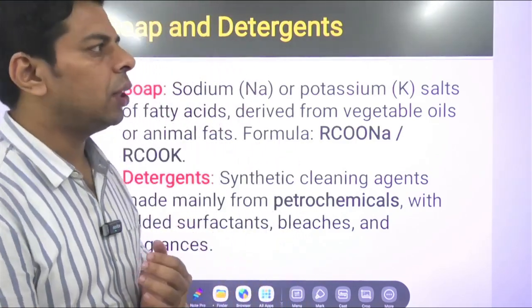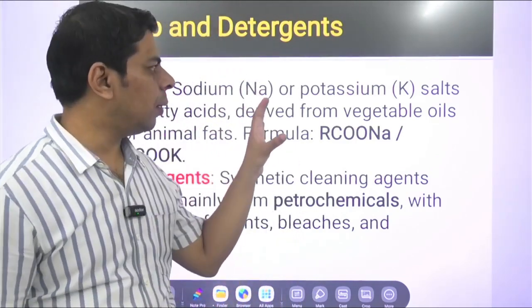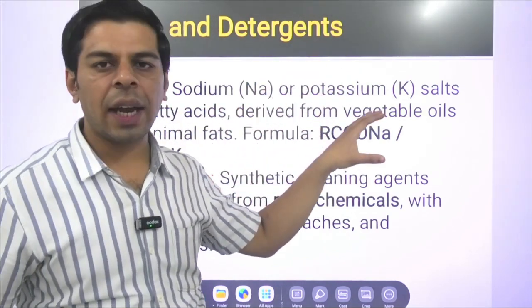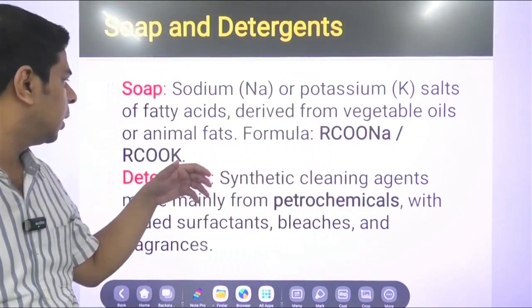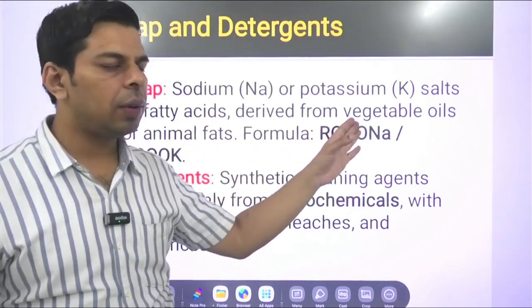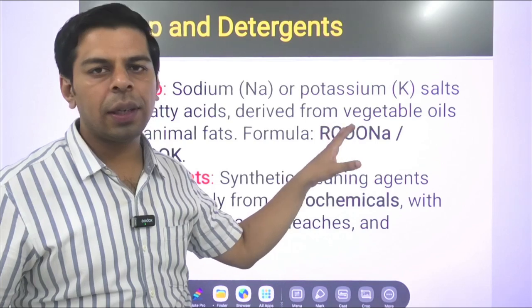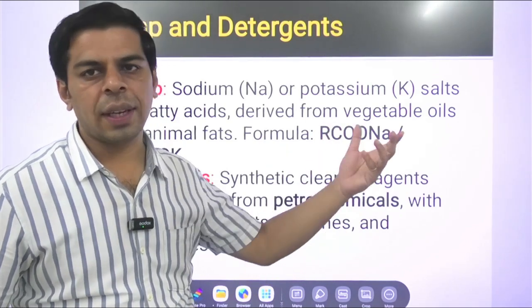As you can see on your screen, soaps are sodium or potassium salts of fatty acids derived from vegetable oils or animal fats. The formula part is just for your reference; otherwise, there is no need to mug up the chemistry or the reaction part.